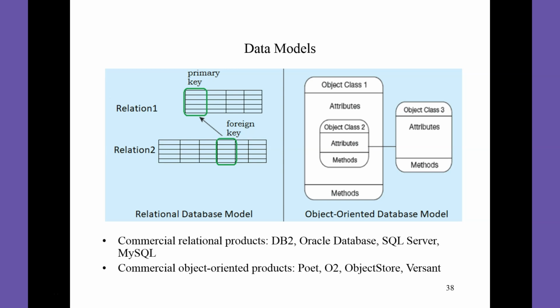Some of these include POET, O2, Object Store, and Versant. Today, the relational model is the most common. Earlier, we briefly mentioned the foreign key in this data model. A relationship between two tables is captured as a primary to foreign key association. And we reflect that in our diagram here.